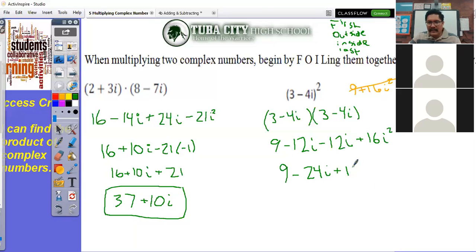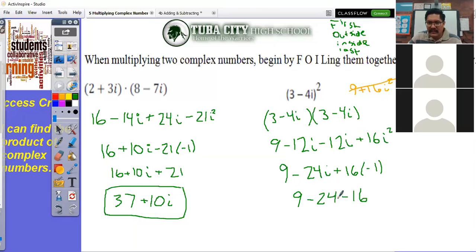But again, I don't like skipping steps, at least the first few times. But we end up with i squared being -1. So when I multiply -1, I end up getting -16.